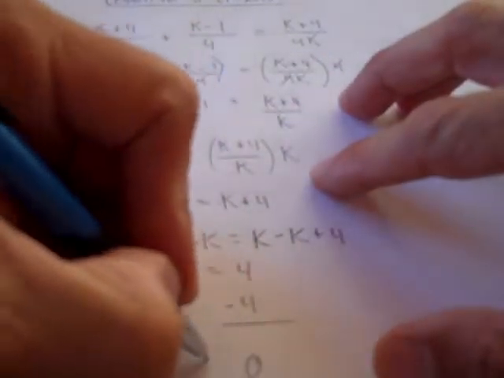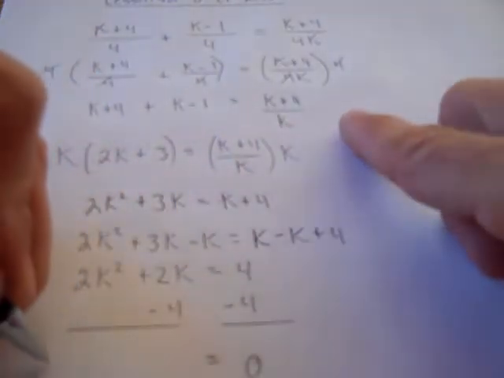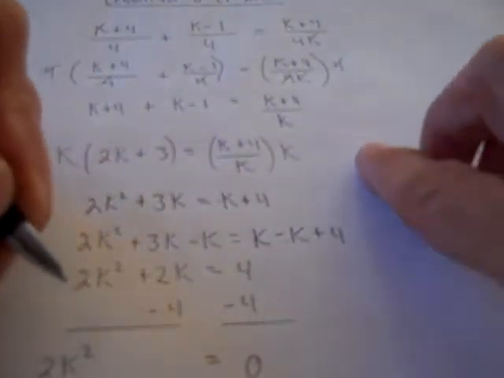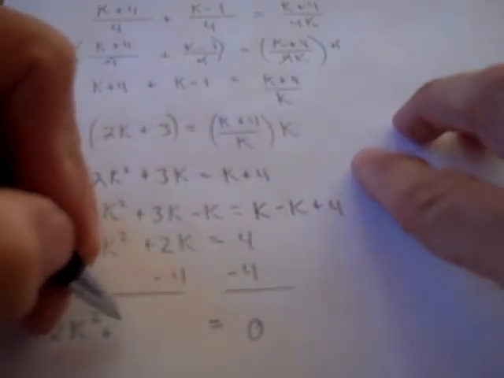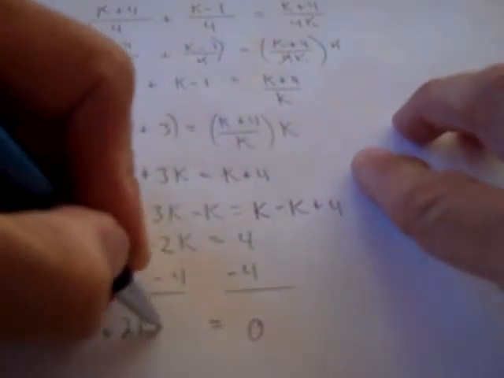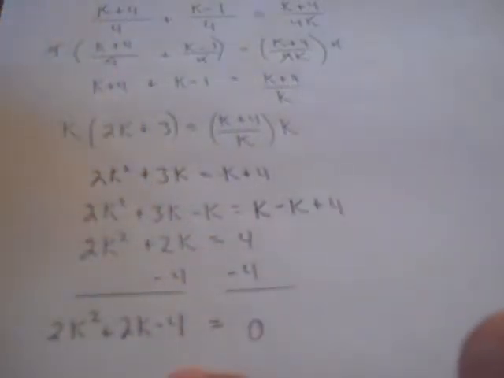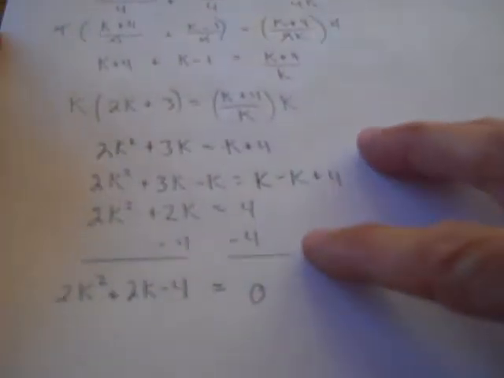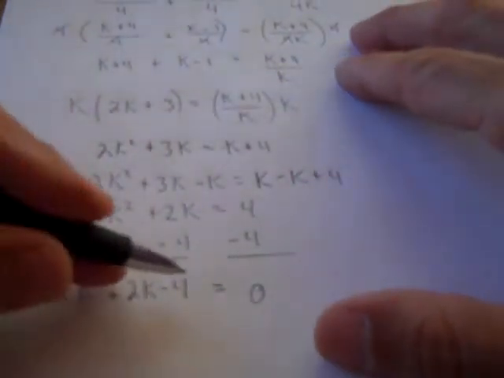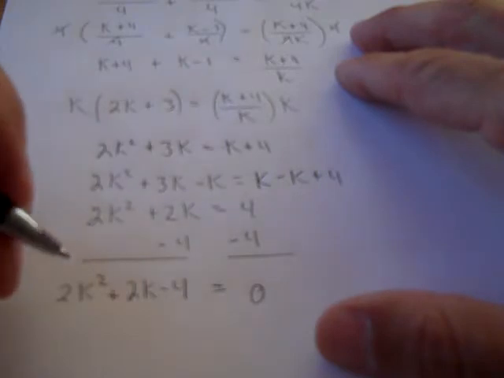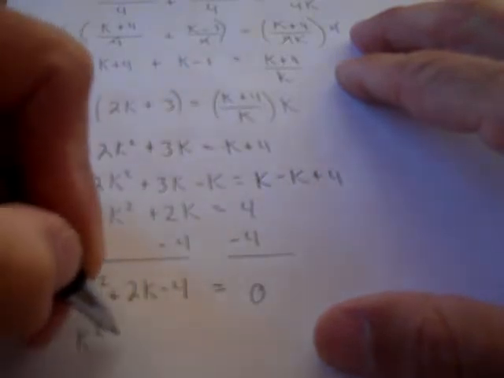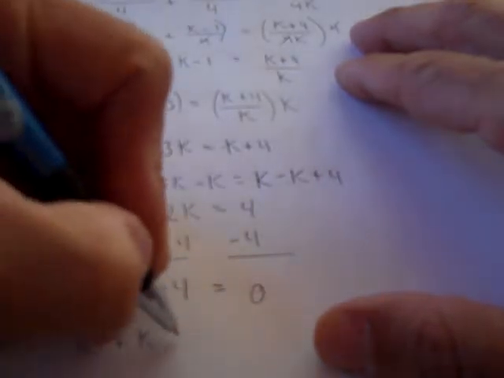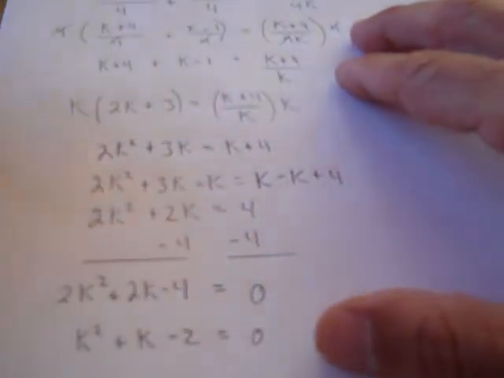That gives me 0 equal to 2K squared plus 2K minus 4. Now I have a common factor of 2. I can pull that out and simplify it as K squared plus K minus 2 equal to 0.